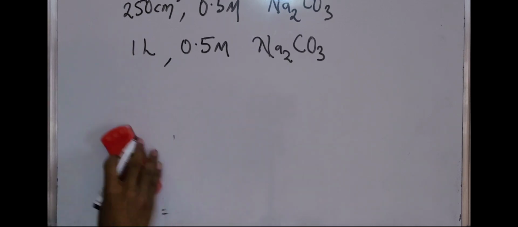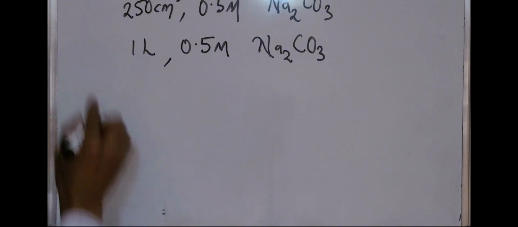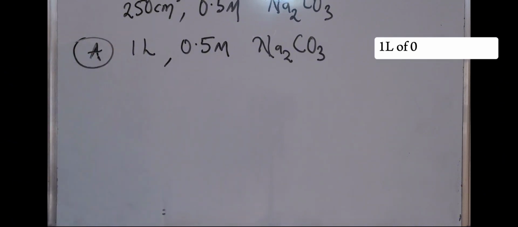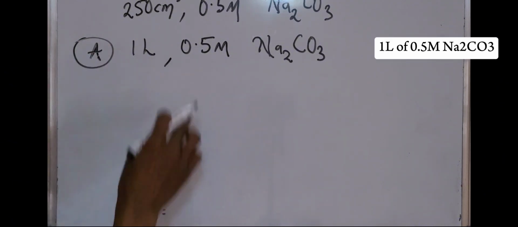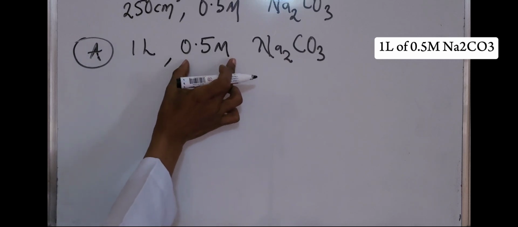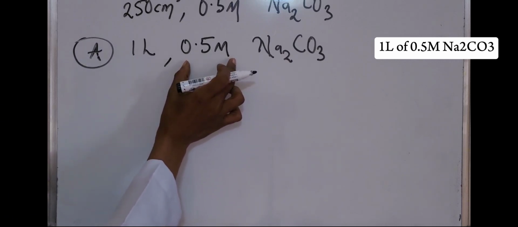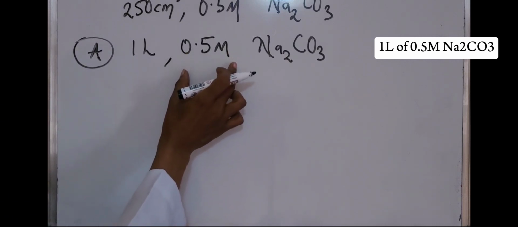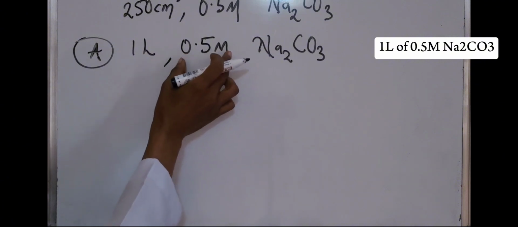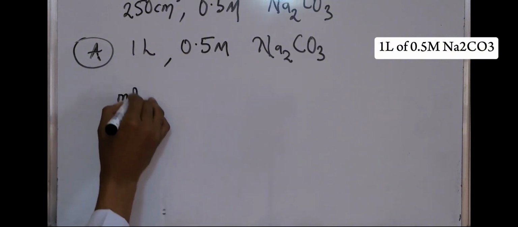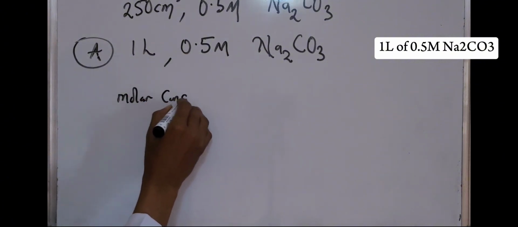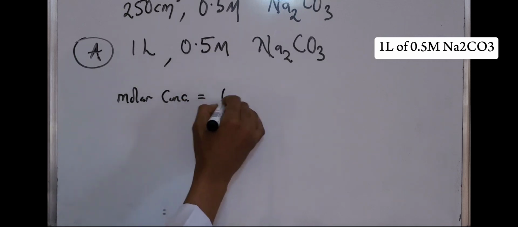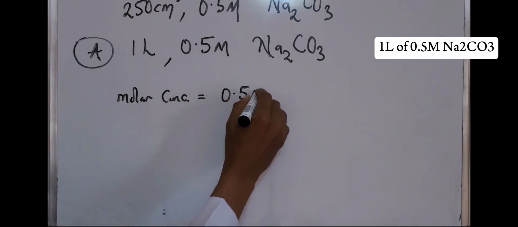Now let's take, for example, this one. How would you solve this? Look at these quantities. This is talking about the concentration, because we talked about molar concentration having this unit. So molar concentration will be equal to 0.5 molar.